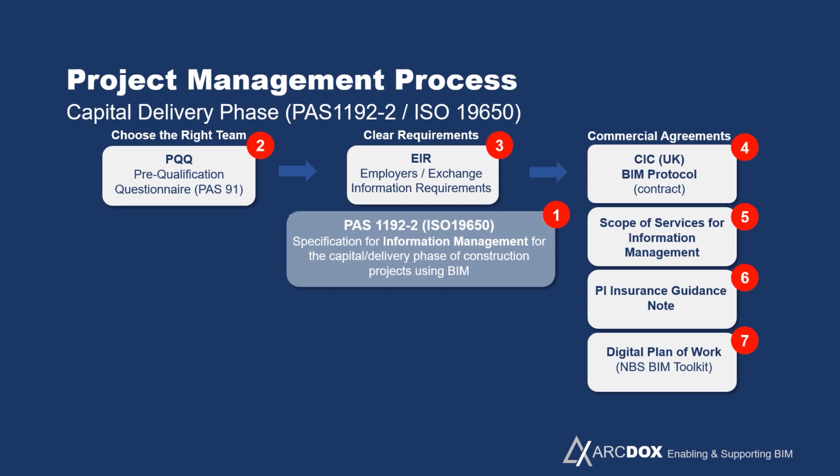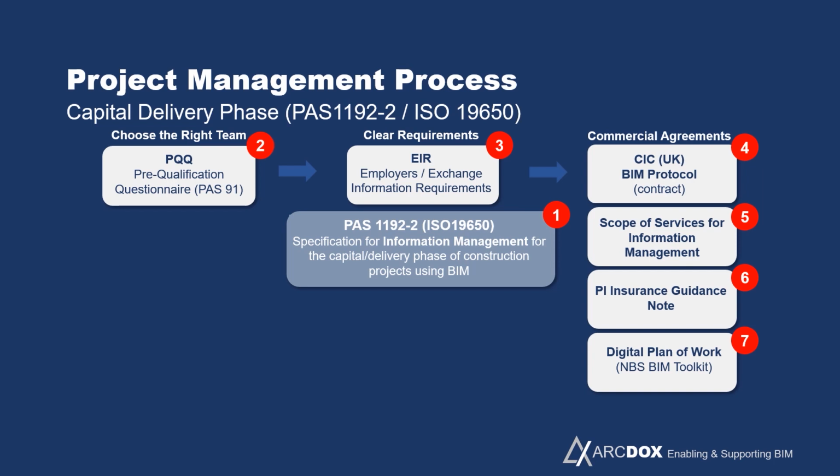The next important step as a project manager is you need to make sure that some commercial agreements are put in place. So the first one there is every company that's going to contribute to either the design or the construction needs to have appended to their appointment or their contract a BIM protocol.